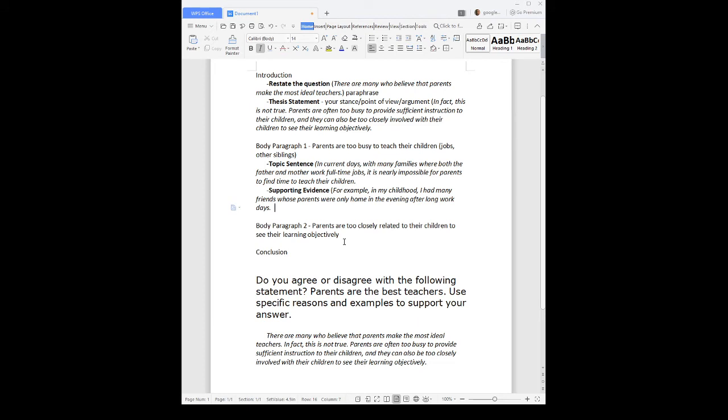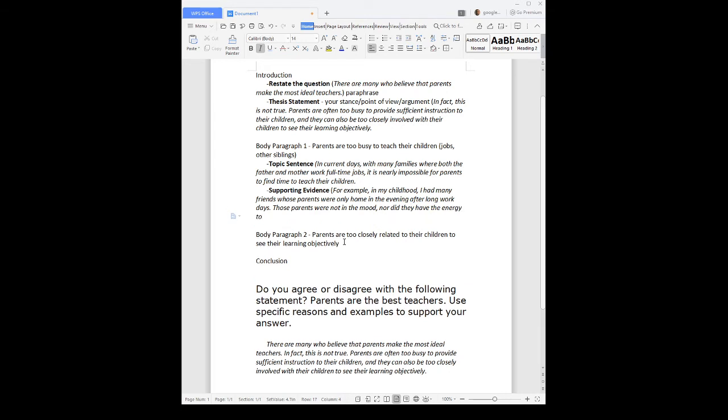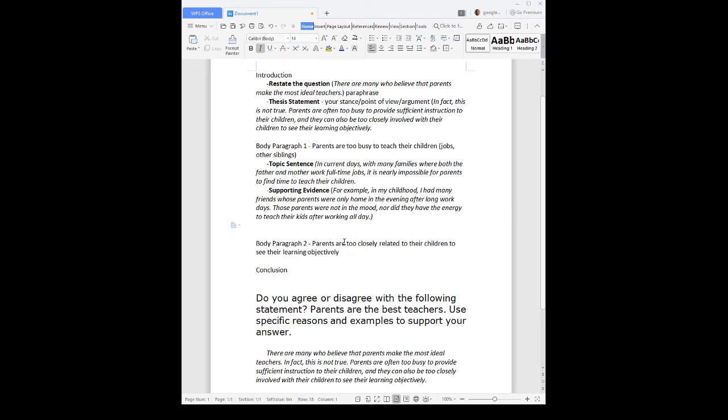Okay, so here's a specific example, supporting evidence, right? Those parents were not in the mood, nor did they have the energy to teach their kids after working all day. All right, there's our evidence. Okay, great. Good example there.